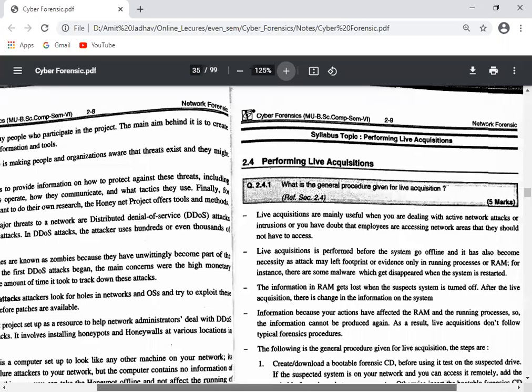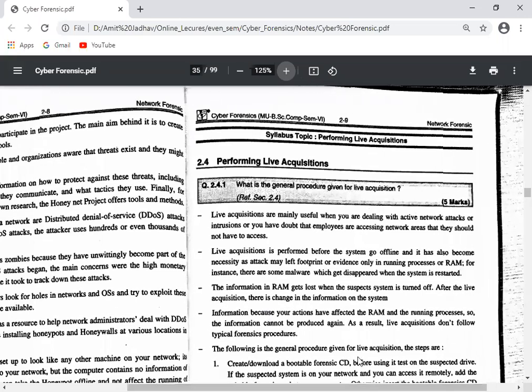Next point is performing live acquisition. Live acquisitions are mainly useful when you are dealing with an active network attack or intrusion, or you suspect that employees are accessing network areas that they should not have access to.